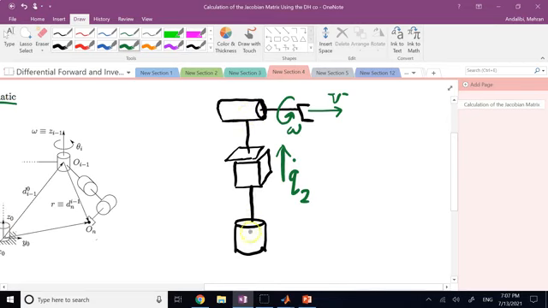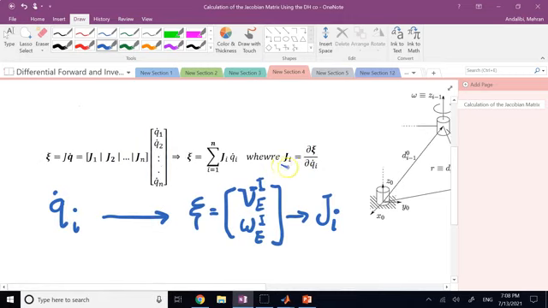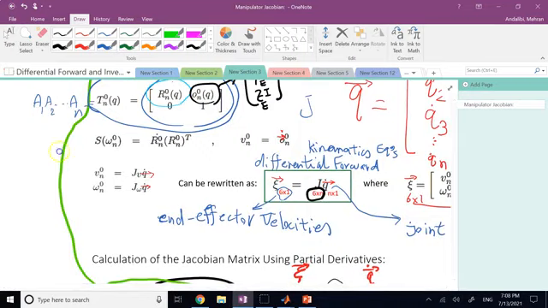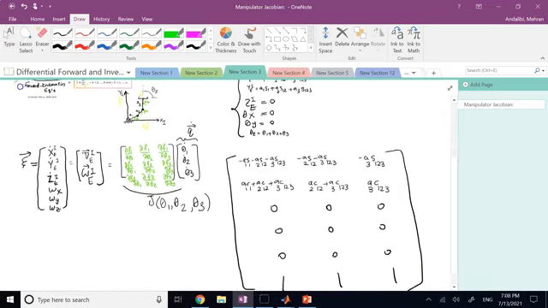In other words, lock these other joints. In other words, make this Q1 dot equal to 0, and make Q3 dot also 0, right? That's the meaning of partial derivative. Remember, when you take partial derivative with respect to one variable, you assume all other variables are constant. Remember what we did here when we did this method, correct?